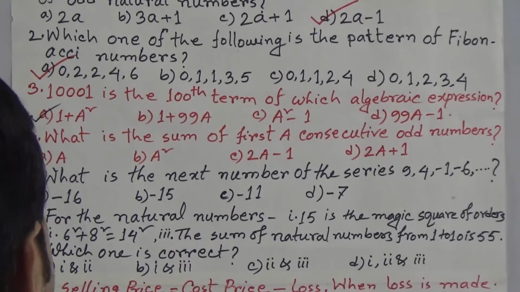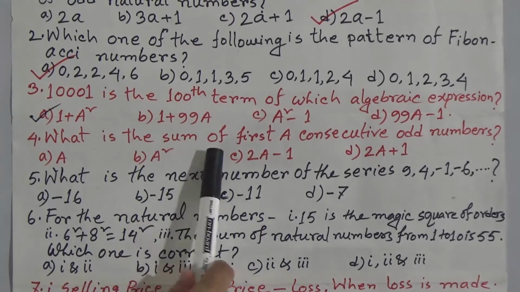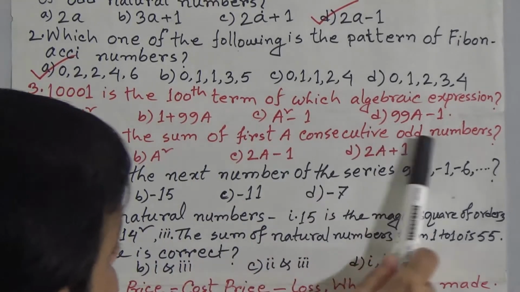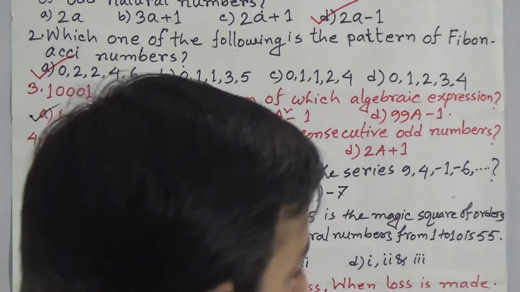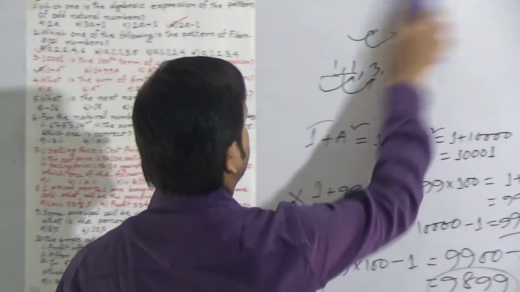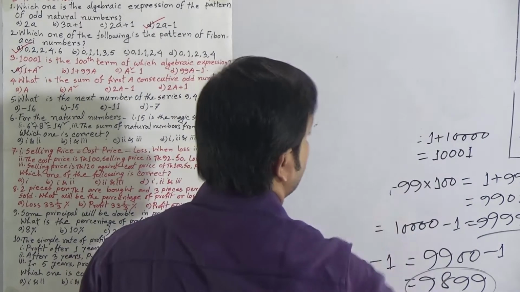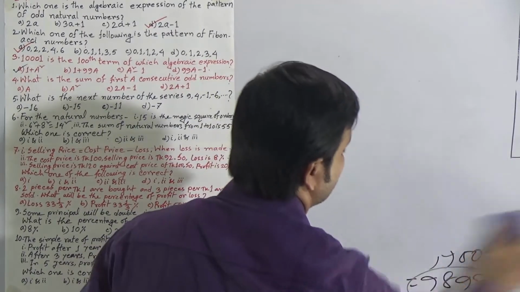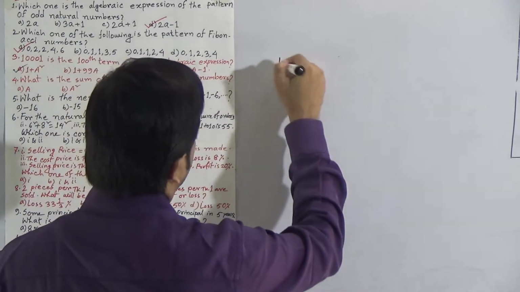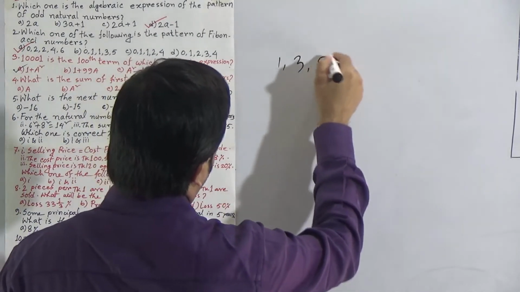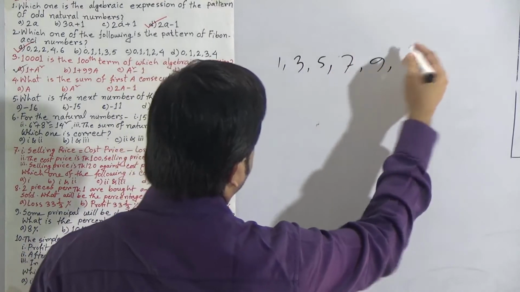Now question 4. What is the sum of the first a consecutive odd numbers? Dear students, you know the sum of consecutive odd numbers. Suppose 1, 3, 5, 7, 9.